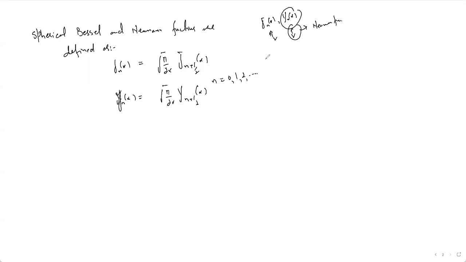Okay, and these are the solutions of the differential equation x square d2R by dx2 plus 2x dR by dx plus x square minus L into L plus 1 into R is equal to 0.